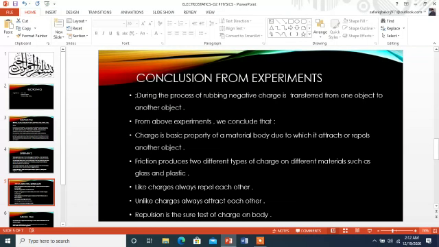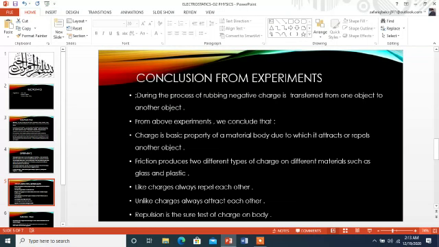And due to deficiency of electrons on the glass rod, there will be net positive charge on it, and we say that it is positively charged now. But it doesn't mean that it has acquired positive charge from the silk cloth. No, only electrons can leave or come onto that object by the process of rubbing.